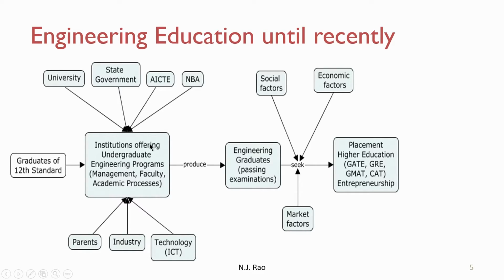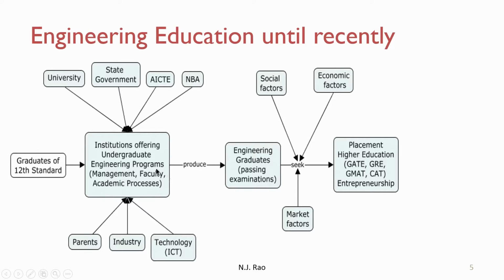And who are the main stakeholders? They all have influence somehow on the academic processes, management and so on. Here the parents, industry, the technology, here we mainly refer to information and computing technology, and then you have university, state government, AICTE, National Board of Accreditation.